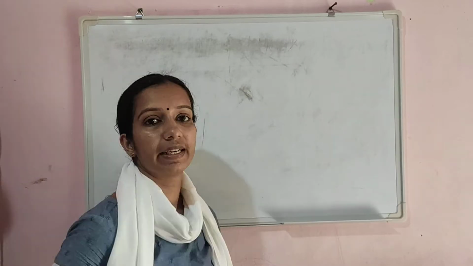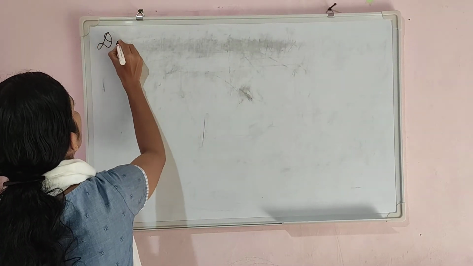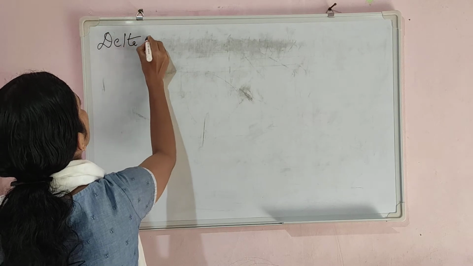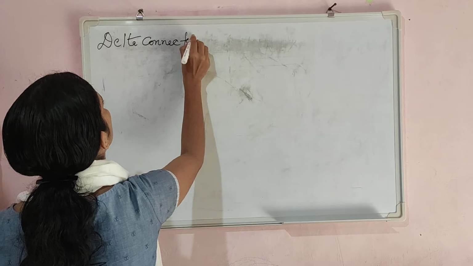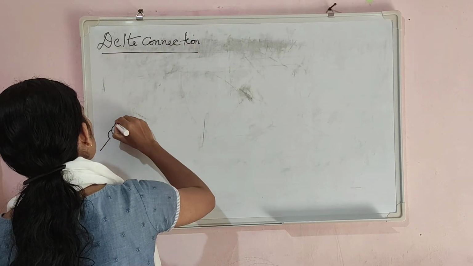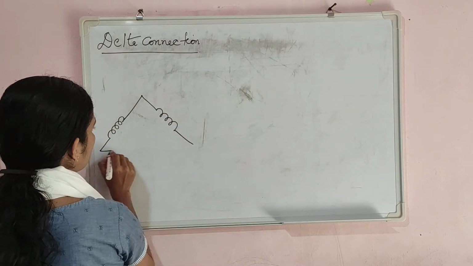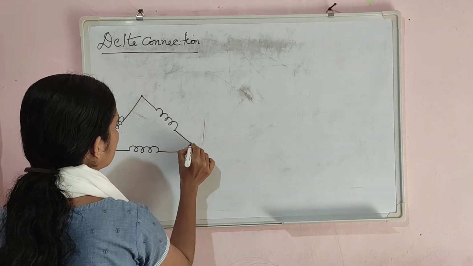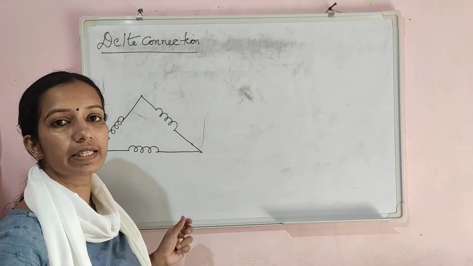So the next type of winding connection in a three-phase system is a delta connection. So this is how a delta connected three-phase system looks.